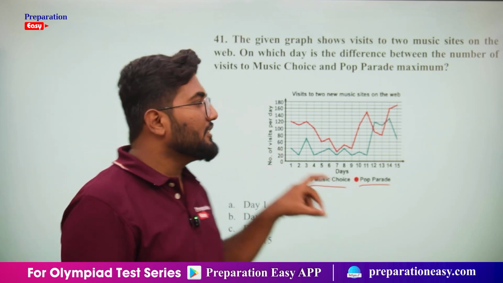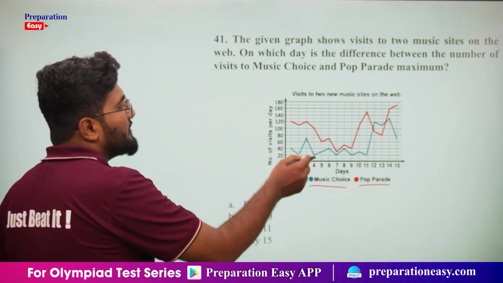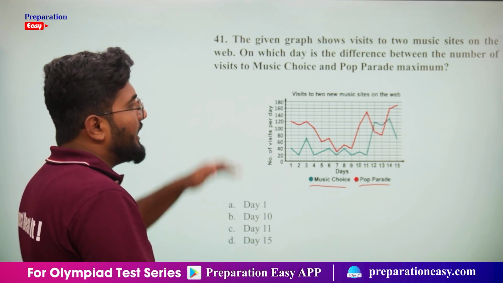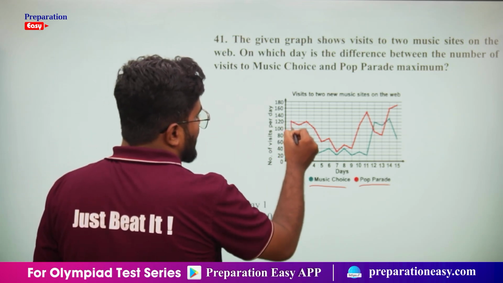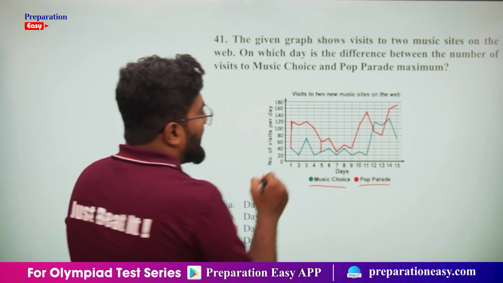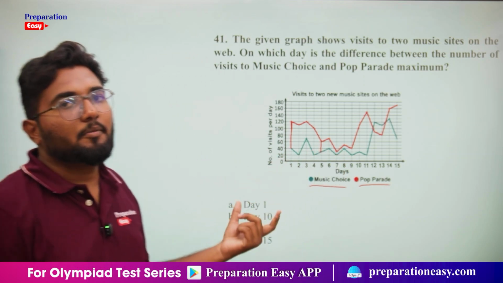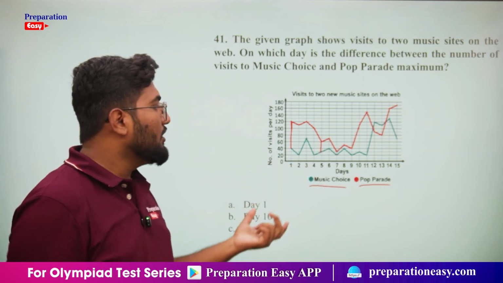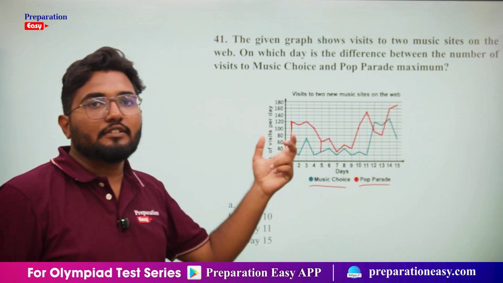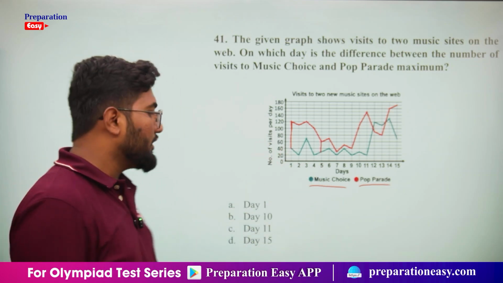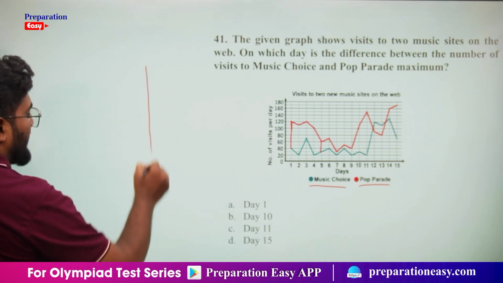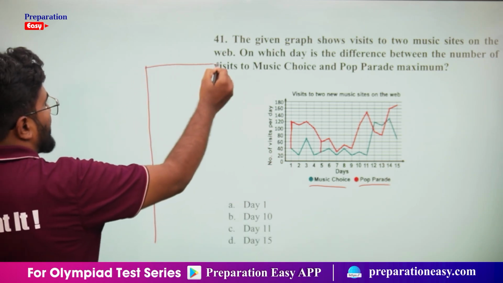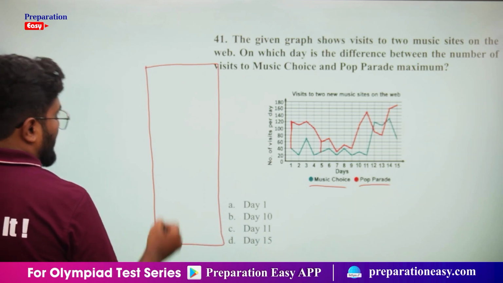There are 2 options. First, we can directly check the graph and see where the difference is maximum and minimum. Or second, we will find all 1 to 15 days' differences and check. So here I will make a table.